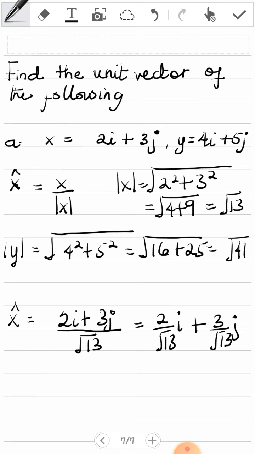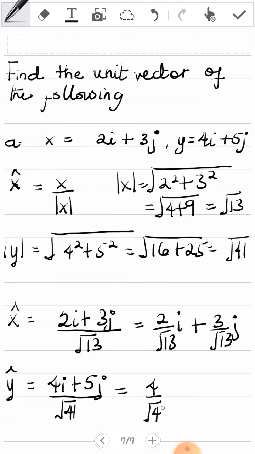You understand? Okay, so let's solve the next one, which is y. So the vector for y is 4i plus 5j, all divided by the magnitude, and we are going to get 4 over root 41 i plus 5 over root 41 j.